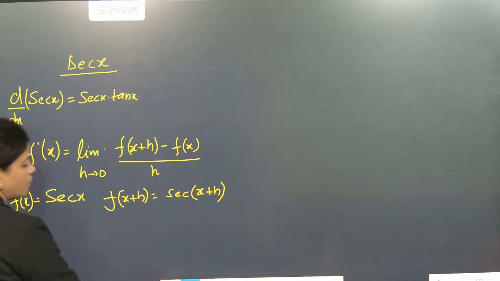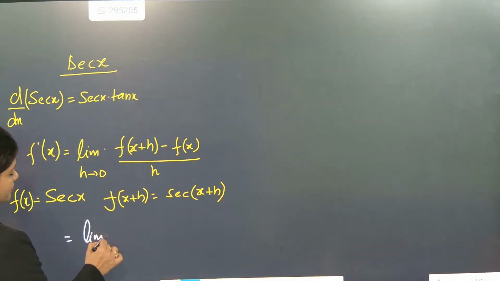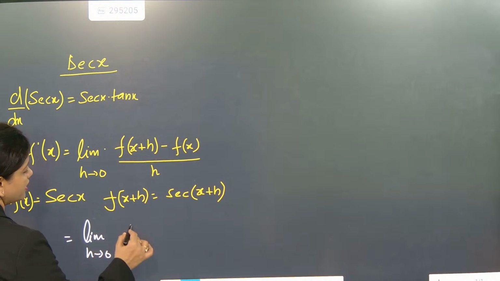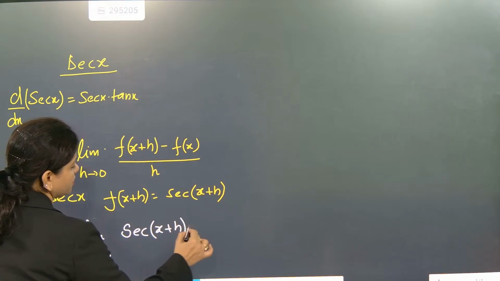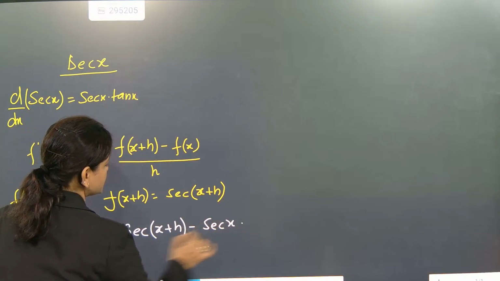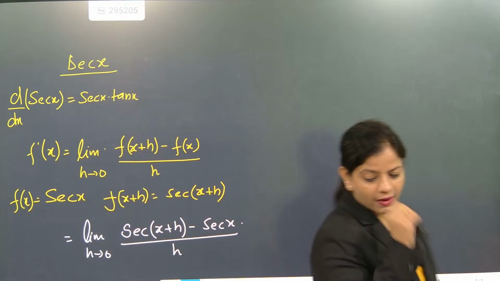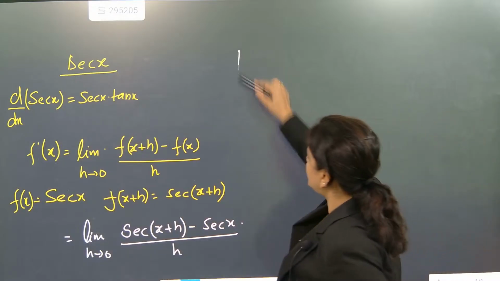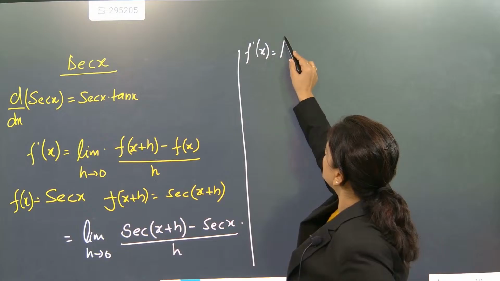So now what next are we going to do? Solve it, that is limit h tends to 0. Here it will become secant of x plus h minus secant x, by h. Now we will convert it into cos. f dash x is equal to limit.